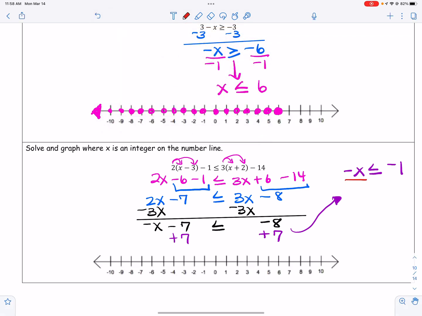And then I'm going to divide, which is going to change that sign. And x is greater than or equal to positive 1. So that means 1 is included. I am using integers, so I am going to dot each number that is on the number line.